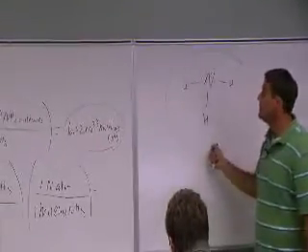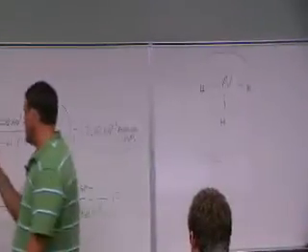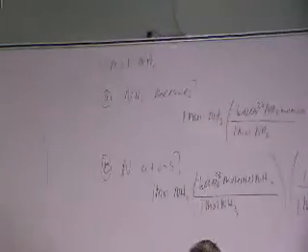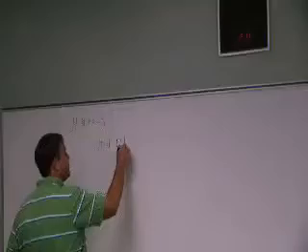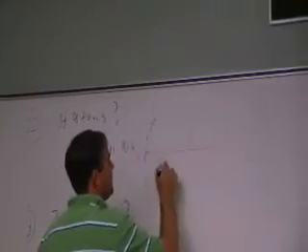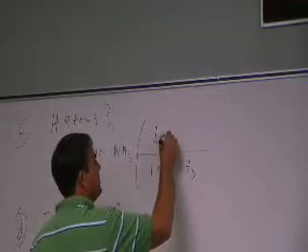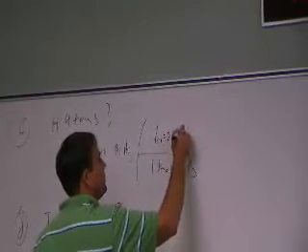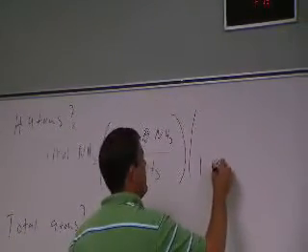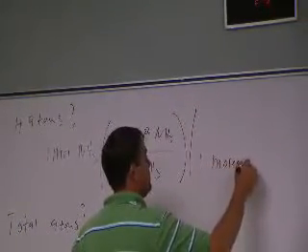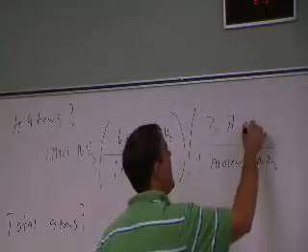But how many hydrogen atoms are there? 3. So if we're looking for the number of hydrogen atoms, what do we have to do? Multiply this by what? 1 mole of NH3 per 6.02 times 10 to the 23 NH3s, and then in 1 molecule of NH3 there are 3 hydrogen atoms.